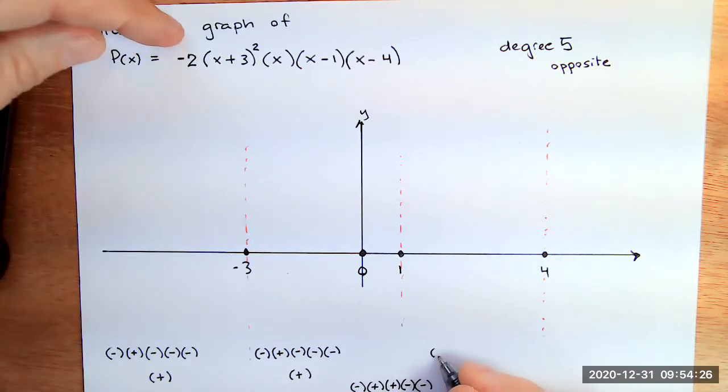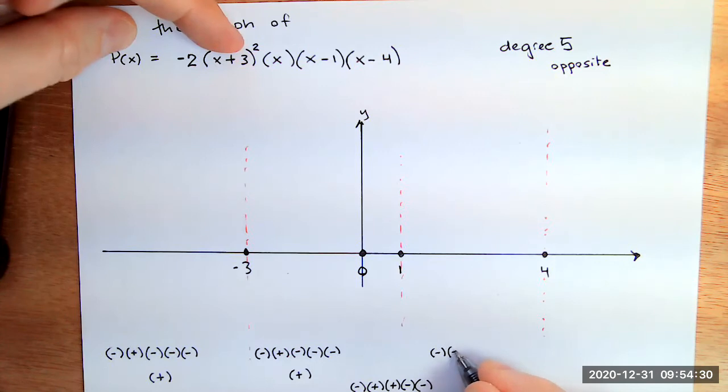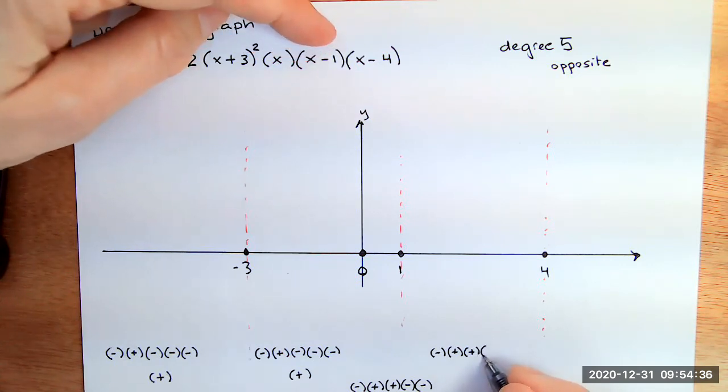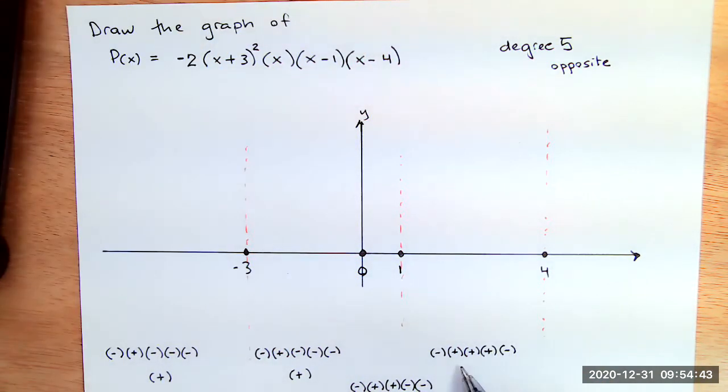Between 1 and 4, I'm going to put in 2. So my -2 is negative. 2 plus 3 squared is positive. 2 is positive. 2 minus 1 is positive. 2 minus 4 is negative. So the whole thing's going to be positive.